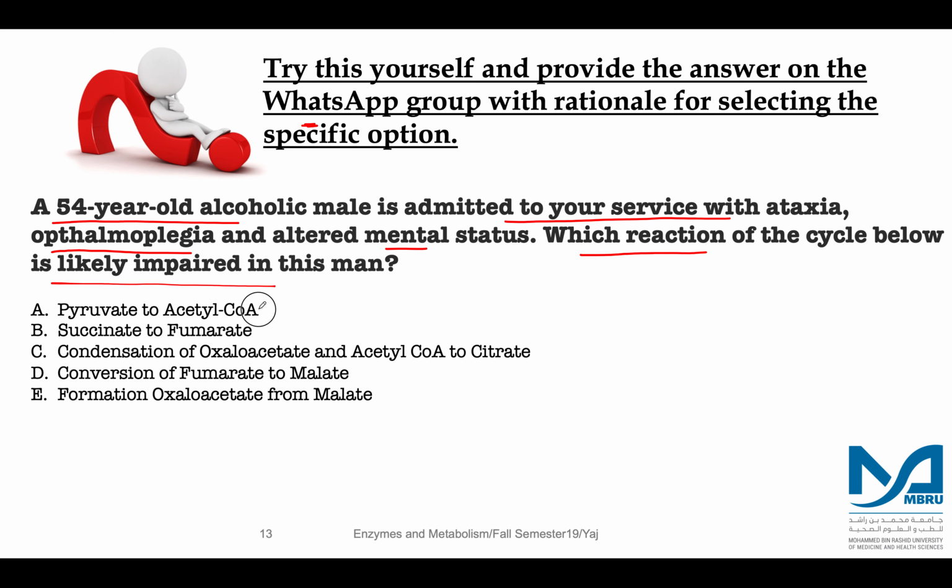The conversion of pyruvate to acetyl coenzyme A, the conversion of succinate to fumarate, condensation of oxaloacetate and acetyl coenzyme A to citrate, conversion of fumarate to malate, and formation of oxaloacetate from malate. So you need to think a bit on this and come up with the reason for your choice.